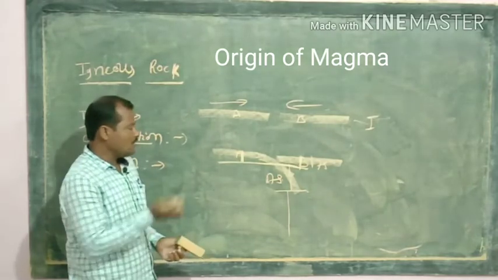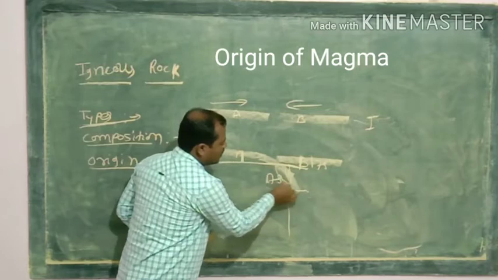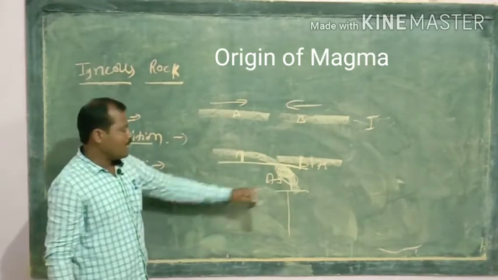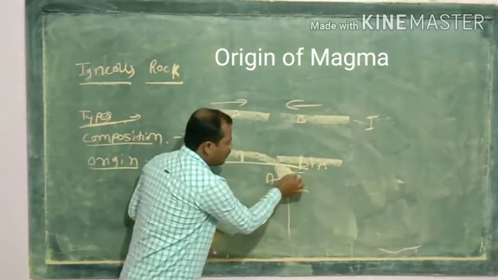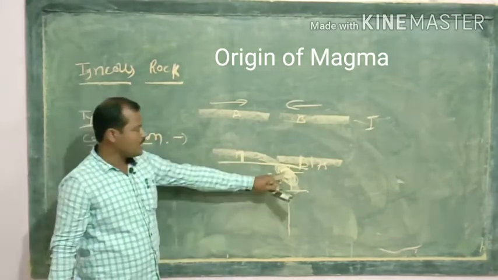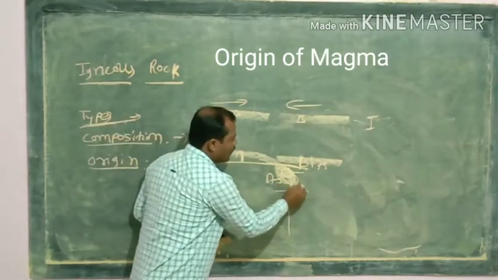We have already seen this in the last lecture. In this asthenosphere, the crystalline or solid rock is not stable. That material melts when temperature and pressure rise at that location. This material melts and forms the magma.